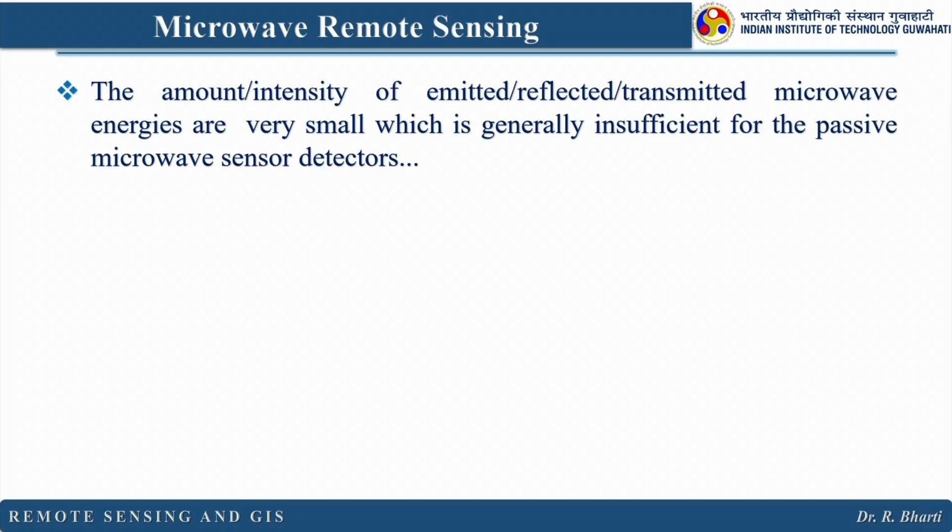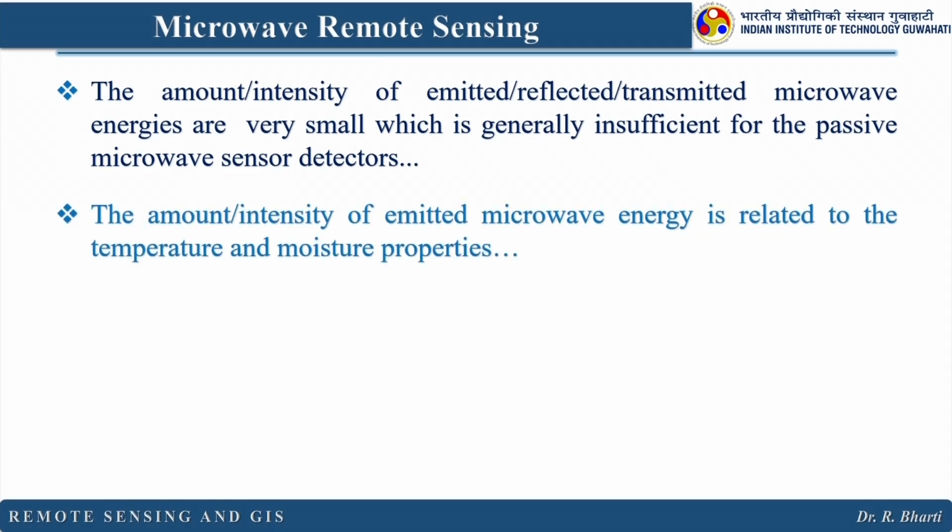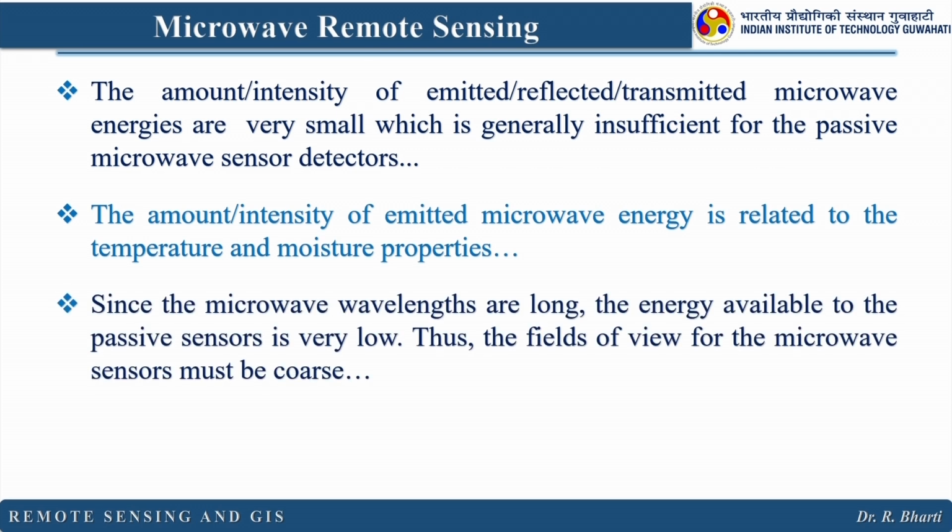The amount or intensity of emitted, reflected or transmitted microwave energy is very small, which is generally insufficient for a microwave passive sensor detector. The amount or intensity of emitted microwave energy is related to the temperature and moisture property of the target. Since the microwave wavelengths are long, the energy available to a passive sensor is very low.